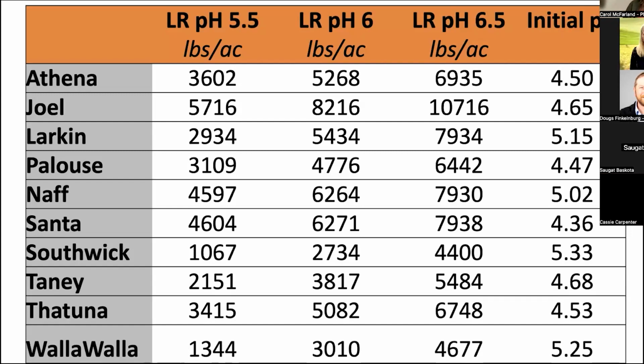So based on that, this table shows the starting pH over on the far right, and how much lime is required to get to a target pH of 5.5, 6, and 6.5. So just very roughly speaking, it seems to be about 2,000 pounds on average for each half of a pH unit increase from that table.